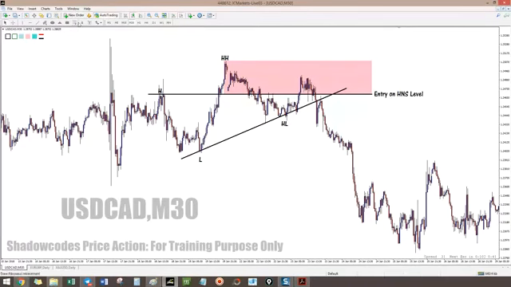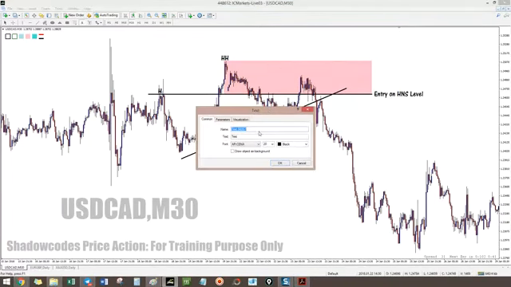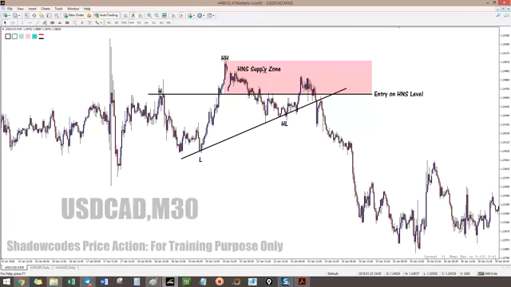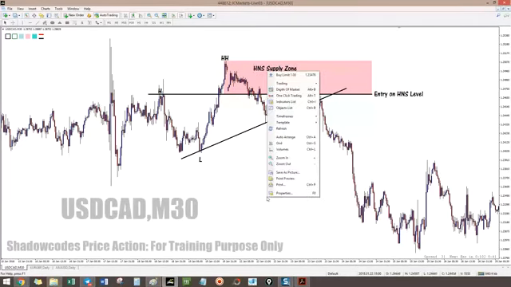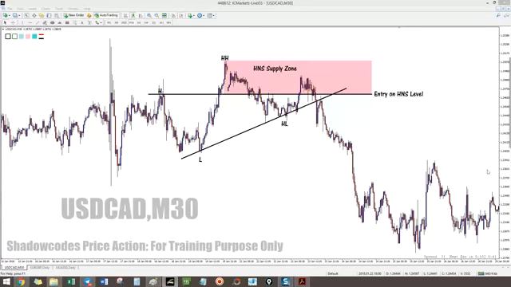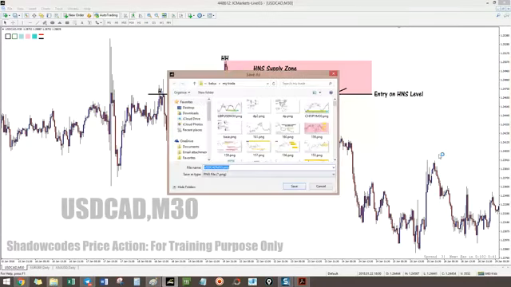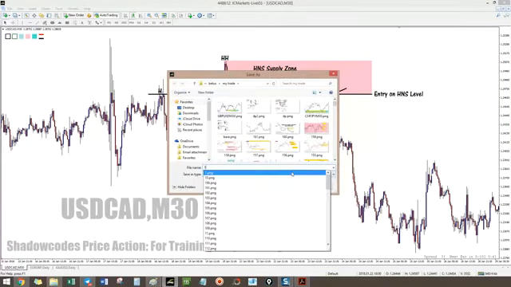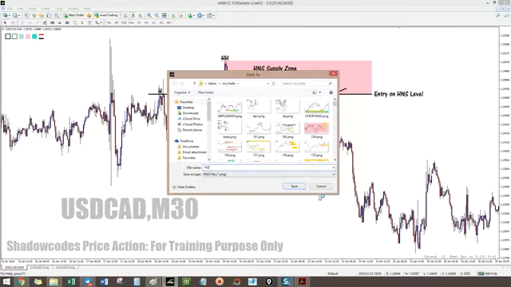This will be HNS supply zone. Okay. So mark this one, save as picture. 162.